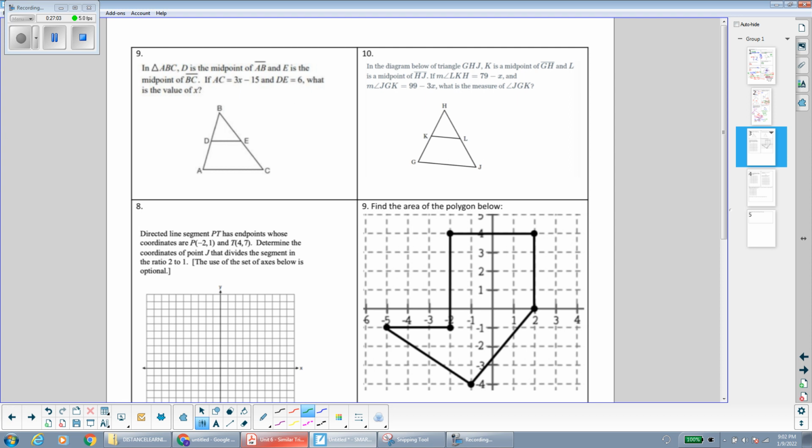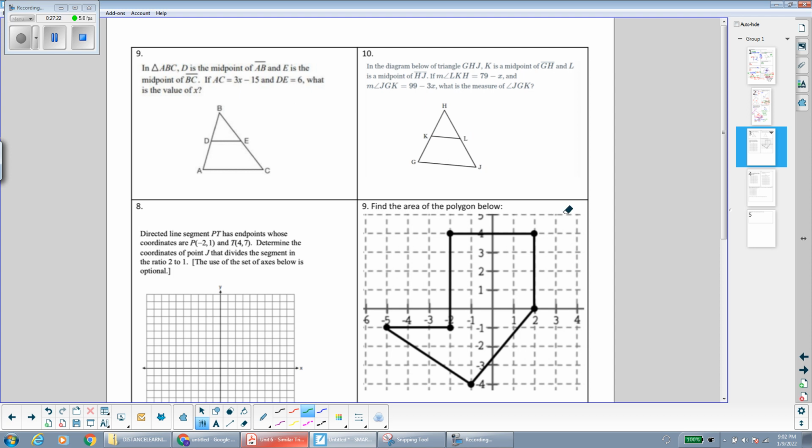In the diagram below of triangle GHJ, K is a midpoint of GH, and L is a midpoint of HJ. So KL is the midsegment.